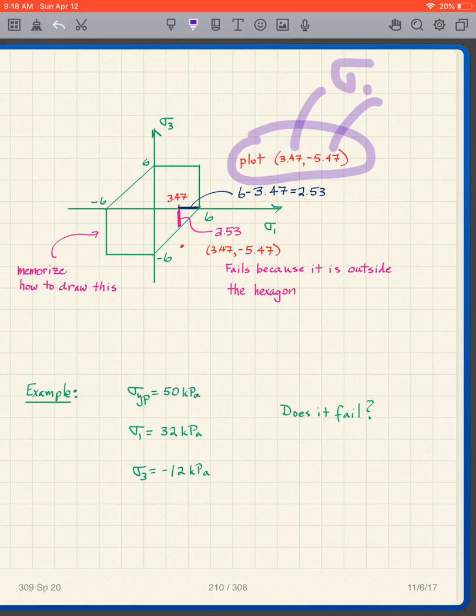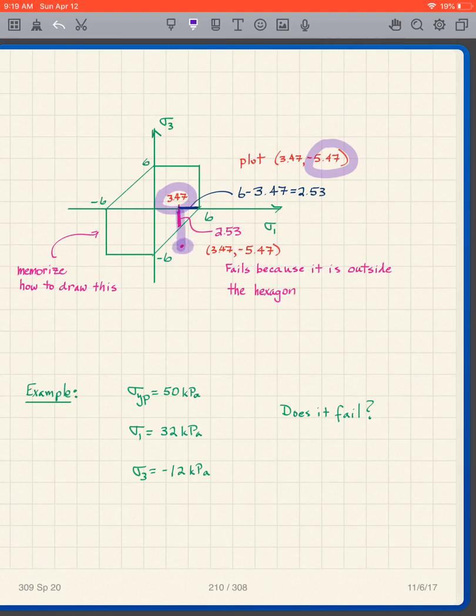Okay, so that's easy enough. The value of sigma 1 is 3.47. Well, I have to plot it sort of to scale in a way. So I come in here, here's 3.47 on my plot. It's less than 6. And then I have to plot -5.47. So now I'm going to go down 5.47, and where am I?